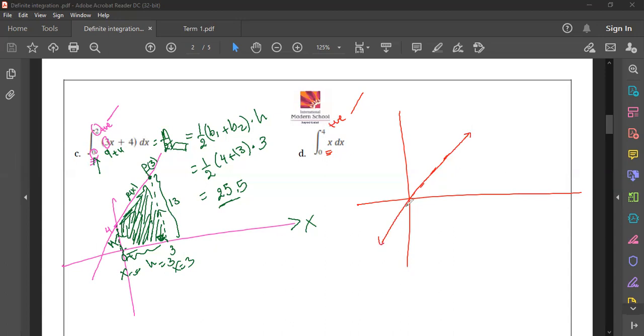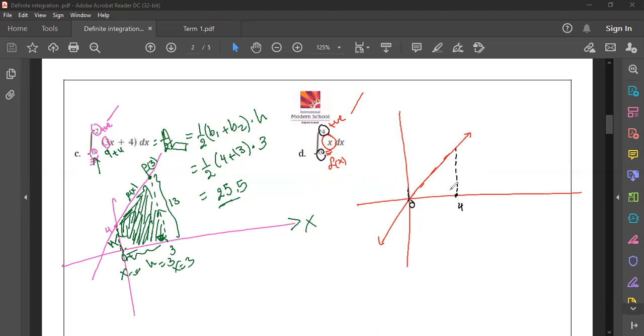I think all of you know how to sketch this function. That is my function. Then identify the two vertical lines here, at 0 and at 4, the first at the lower limit of integration, the second at the upper limit. Okay?